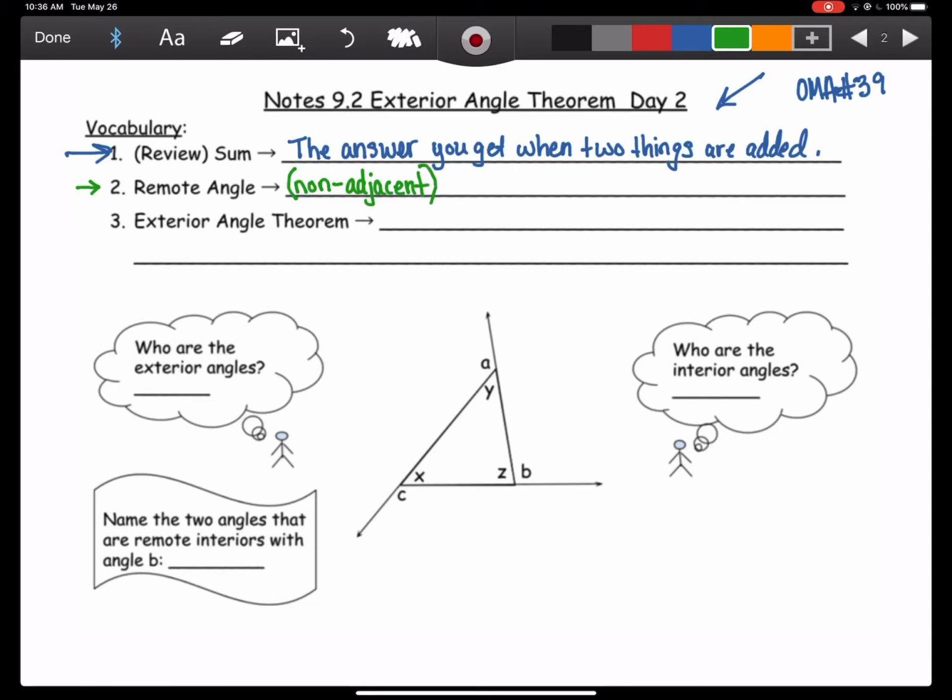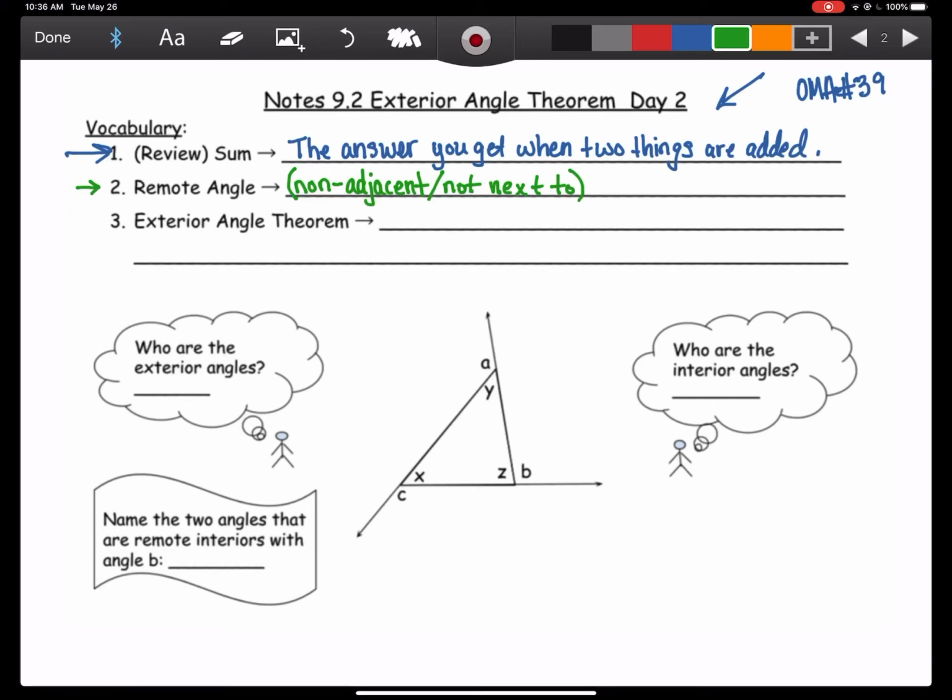Okay, so how does that apply to geometry? Well, a remote angle is an angle that is not next to. So instead of just saying non-adjacent, let's write non-adjacent or not next to, and then we'll close up those parentheses.